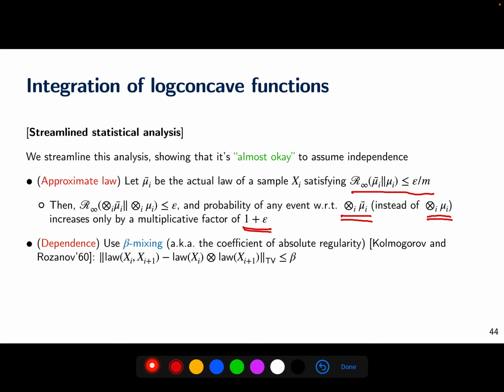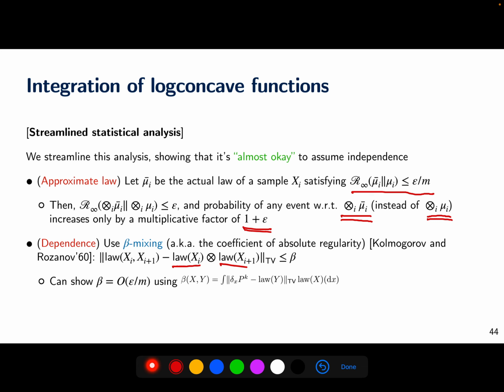And then the dependence issue is addressed by relying on the notion of beta mixing, which measures some deviation between the joint law of xi and xi plus 1 with respect to the tensor product of these two independent distributions.